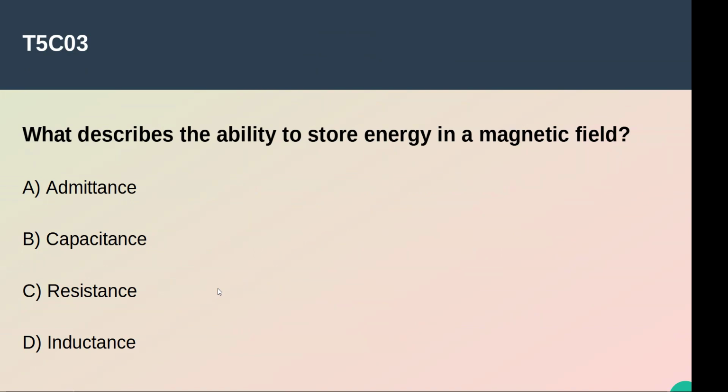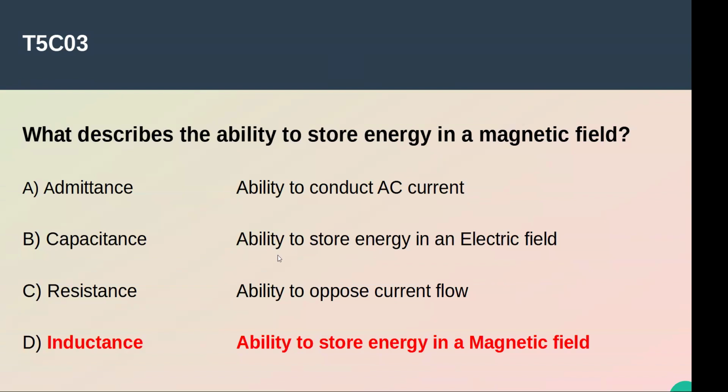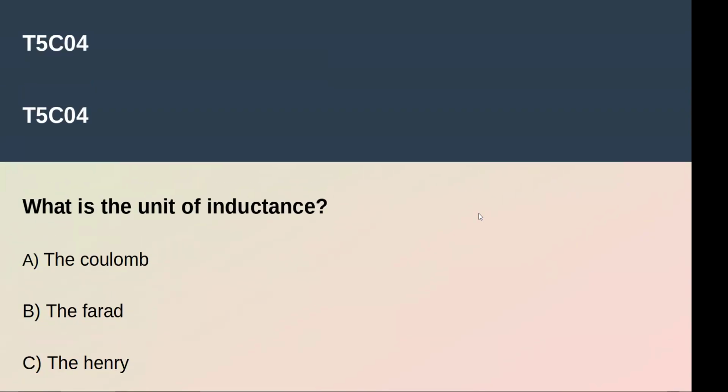You didn't read them all, did you? D, delta. Inductance. Yeah, magnetic field, inductance. The question is similar to the capacitance one because of the stored energy in an electromagnetic field. What is the unit of inductance? Oh, Henry.